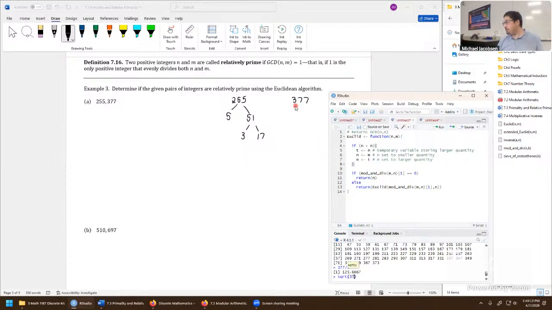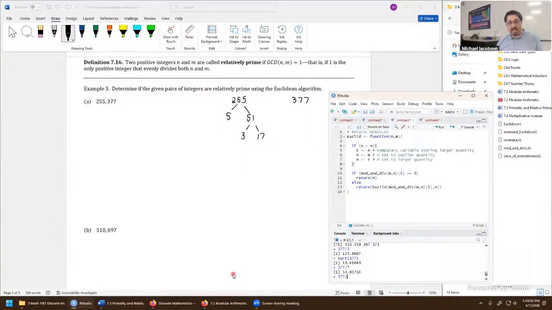If we take the square root of 377, we know we only have to check candidates up to 19 to find a divisor. So take 377, 4 won't divide since 2 didn't. 5 certainly doesn't divide, 6 won't because neither did 2 or 3. What about 7? Oh, no luck on that.